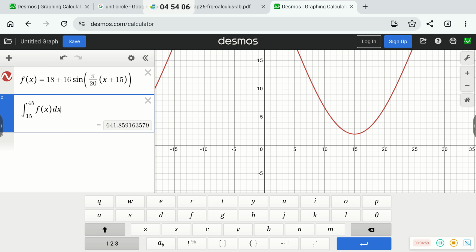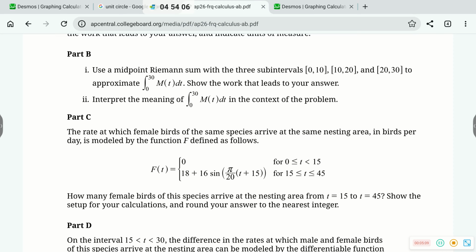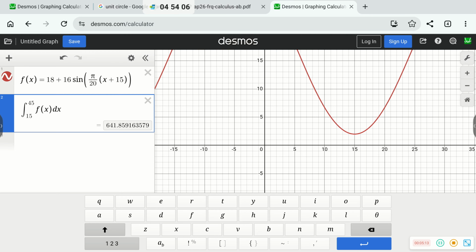It looks like about 642 birds. Let me make sure one more time I have that right. 18 plus 16 sine of pi over 20 times x minus 15. Okay, so 642 birds.